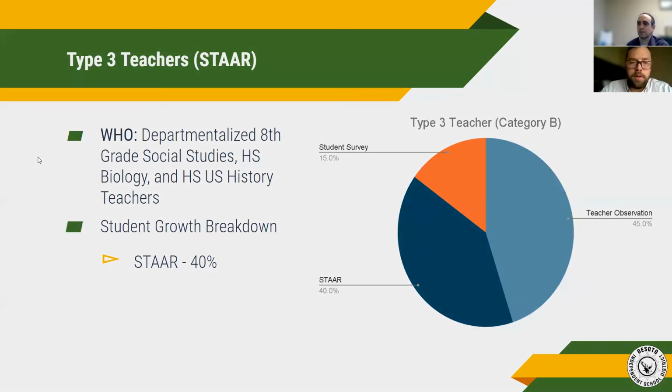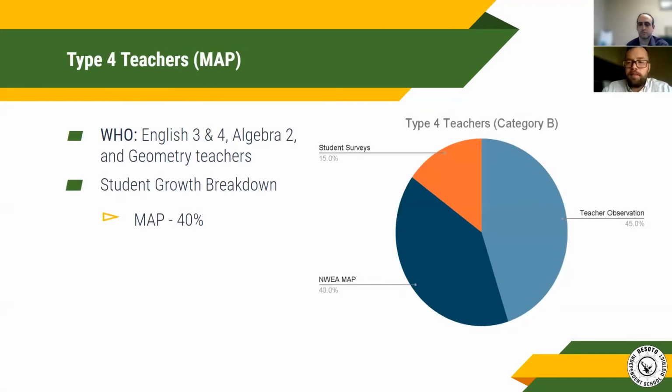If you go to the next one. Type 4 is that same thing, but just for the courses that don't have STAAR, but do have MAP. So in this case, this is English 3, English 4, Algebra 2, and Geometry teachers. You have 45% teacher observation, 15% surveys, and your 40% is based on MAP because you don't have a STAAR exam.